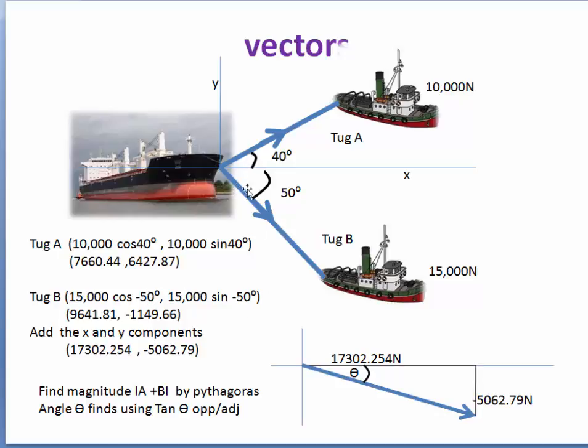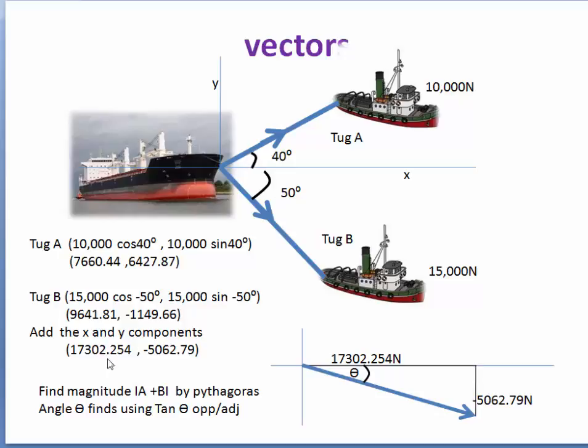So this is going to be the y component this way, downwards. And sorry, that's going to be the x component. So this is going to be the x component, 15,000 cos minus 50. And then the y component, which is downwards, is going to be 15,000 sine minus 50. So that's worked out here.